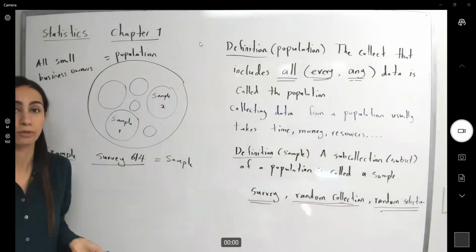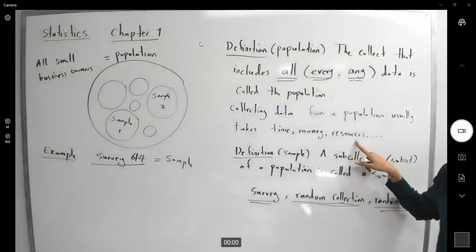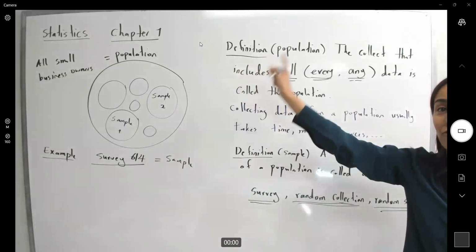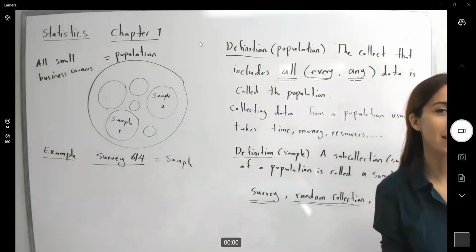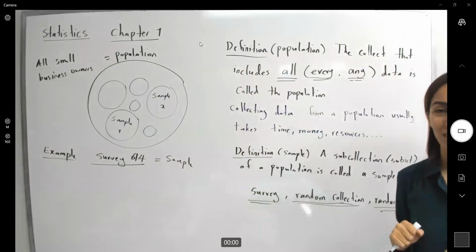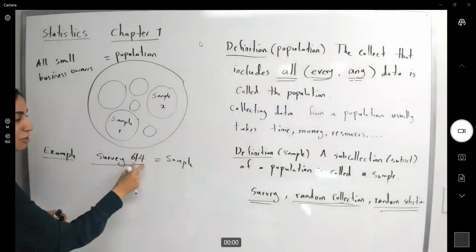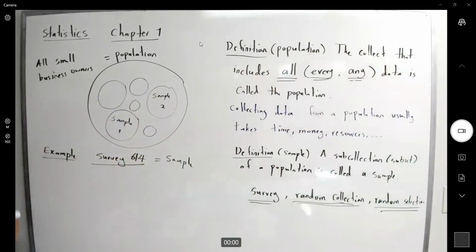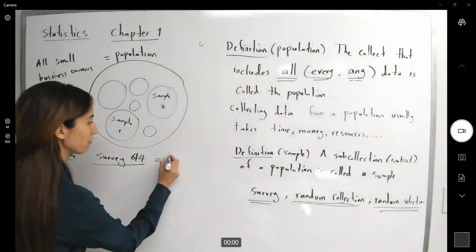I don't know the count. They didn't have the time, money, or enough resources to go and ask every small business owner in the United States. What they did instead was take a small sample, including 614 small business owners in the United States. So this is your sample.